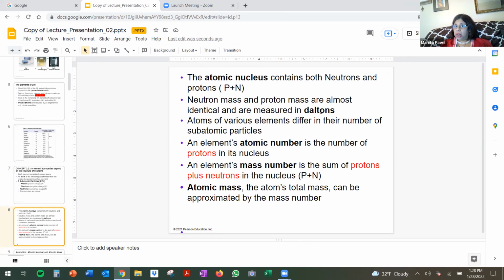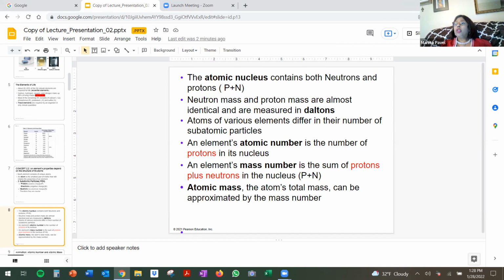And the unit to measure the mass is called Daltons. Now, we've seen in the periodic table all these elements, 92 of which are important. These various elements are going to differ in the number of their subatomic particles.